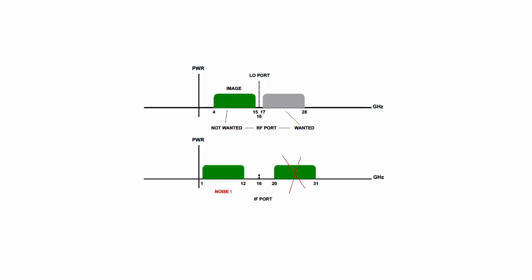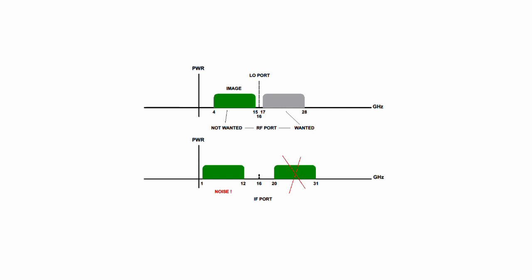There is an unwanted portion of the spectrum, the image of the range of frequencies of interest, that will also beat with the local oscillator and will be translated to two regions in the spectrum. This one will be eliminated due to the same reasons explained earlier, but this other one will be a real problem because it will be at the same spot of interest in the spectrum analyzer but inverted, and will be just noise nuisance.